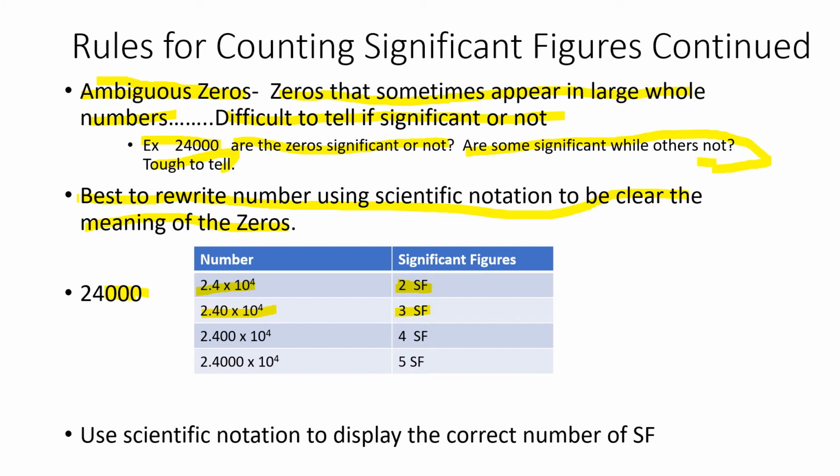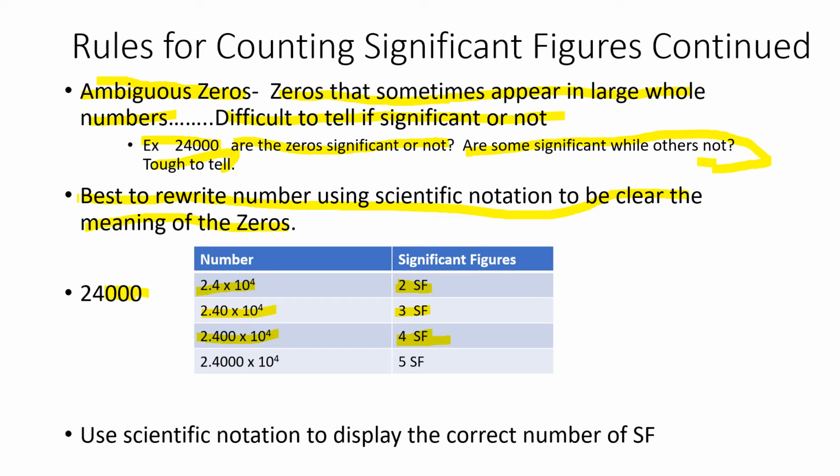If I need to show four significant figures, or that the first two zeros are significant but the last one is not, I can rewrite it in a way that shows that: 2.400 times 10 to the fourth. I can clearly see those four significant figures. What I'm doing with these ambiguous zeros going through scientific notation is if I don't want them to be significant, I leave them out of the scientific notation.